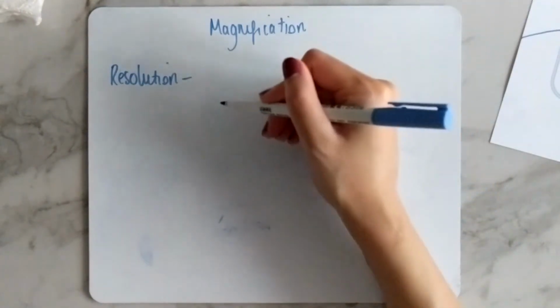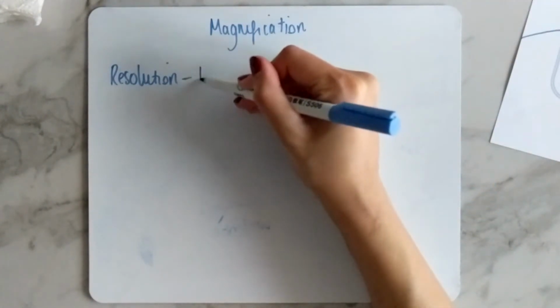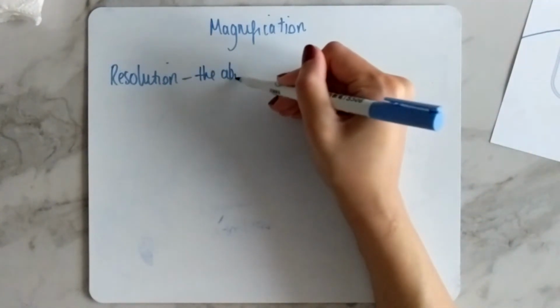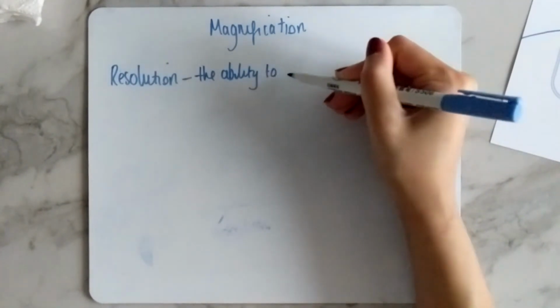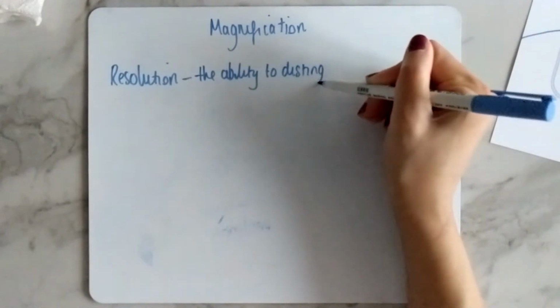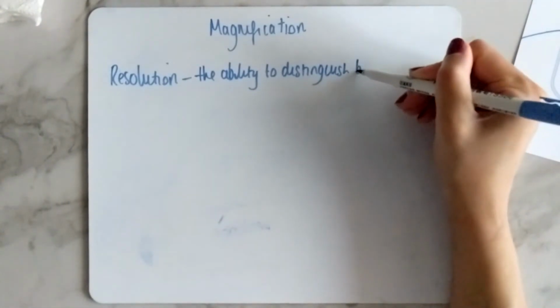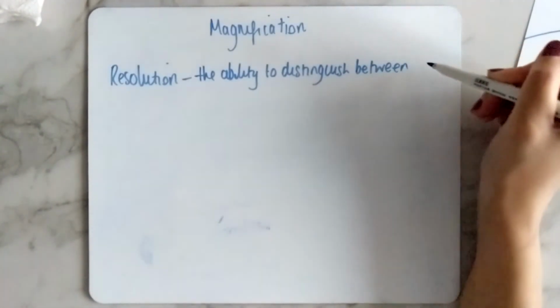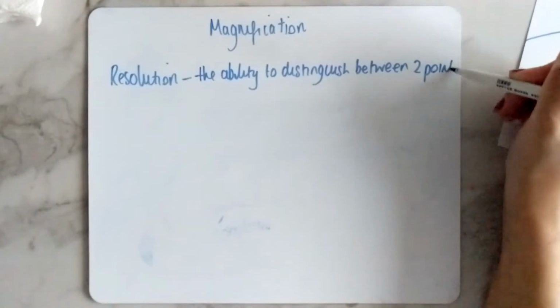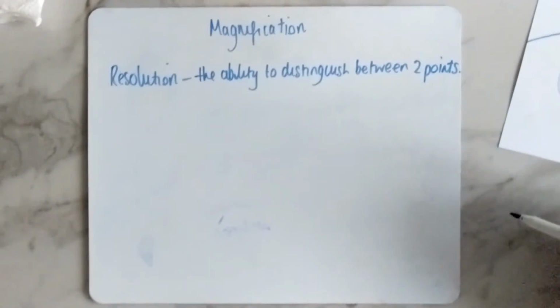So resolution is the official definition, the ability to distinguish between 2 points. So I would learn this definition word for word, the ability to distinguish between 2 points, and all it means is how clear is the image.